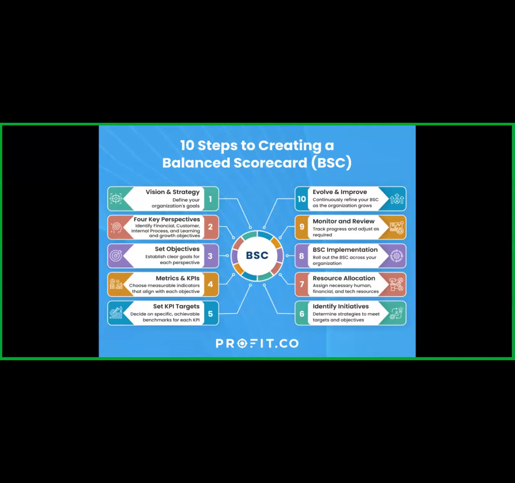Under that, continuously refine your balanced scorecard as the organization grows. So once your strategy is giving you good results, it doesn't stop there. For years and years together, we are not going to change the strategy just because the strategy is giving promised results, planned results, good results. But step number 10 talks about evolve and improve.